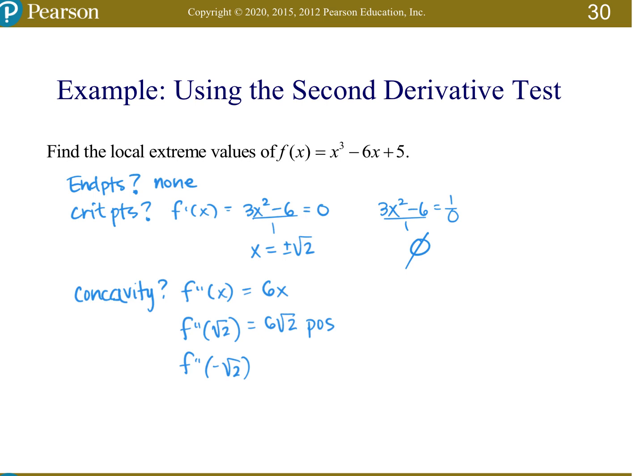So it must be a minimum, and that is enough proof. A local min. Negative rad 2 would give me negative 6 rad 2, which would be negative, which would imply that x equals negative rad 2 is a local max.